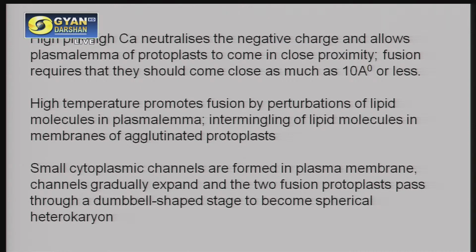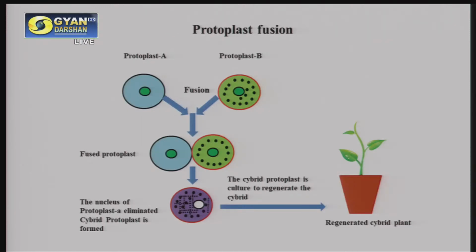High temperature you also need to add, so that there is a perturbation of the lipid molecules in the plasma membrane, and all these together will initiate fusing of the two protoplasts, and ultimately they will fuse and become one.